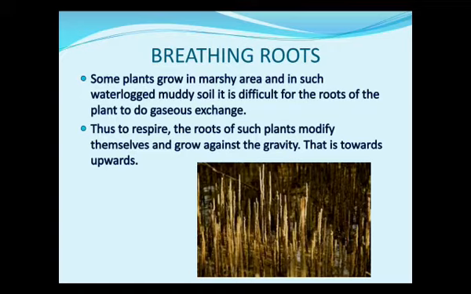So what happens? These roots start growing upwards to respire. That is against gravity. So when they grow upwards, they are able to exchange the gases, that is carbon dioxide and oxygen. Because that is a muddy area, it is difficult for the air to go inside. It is a very marshy area.